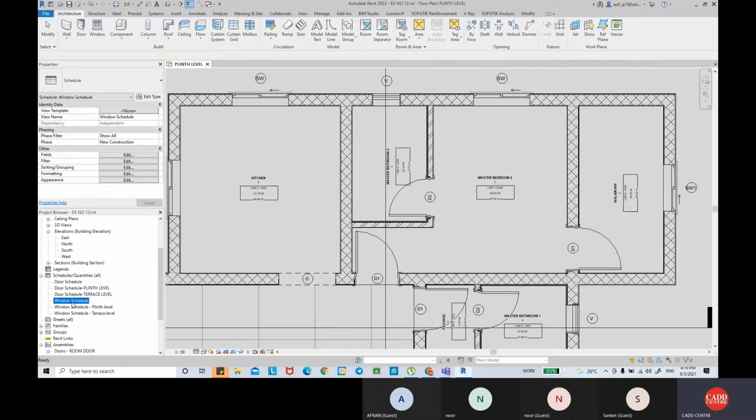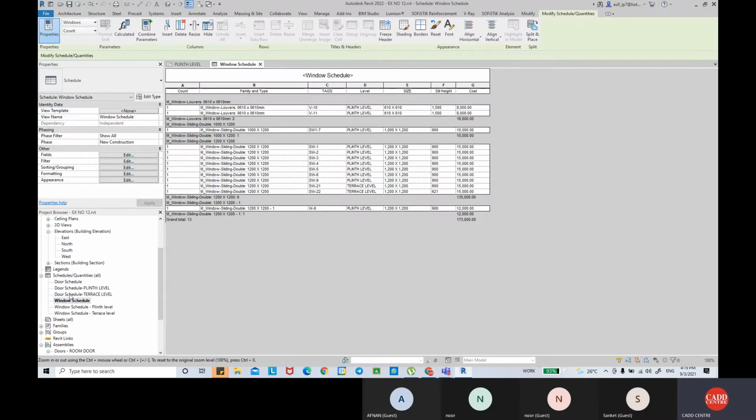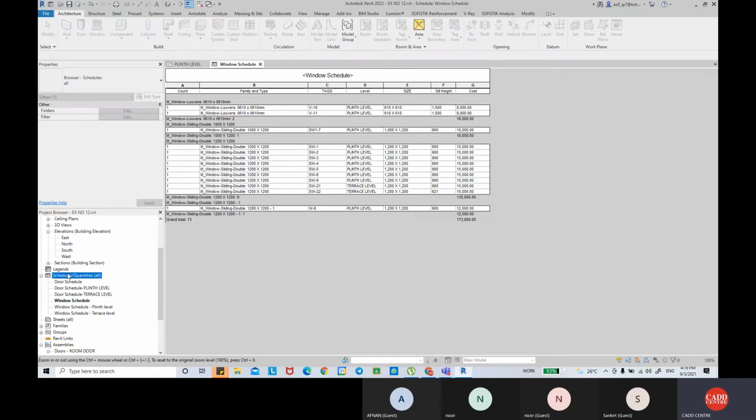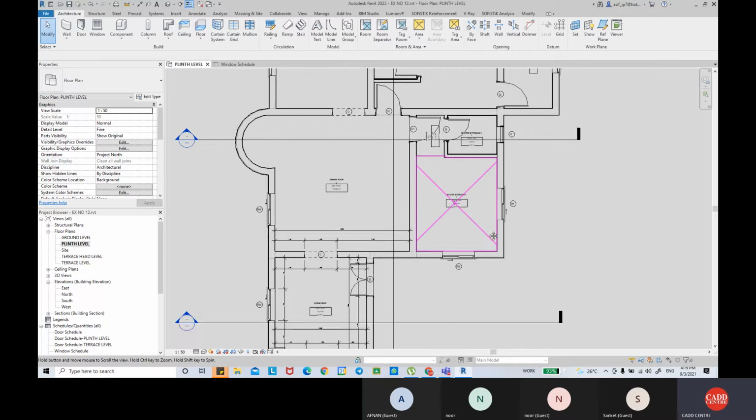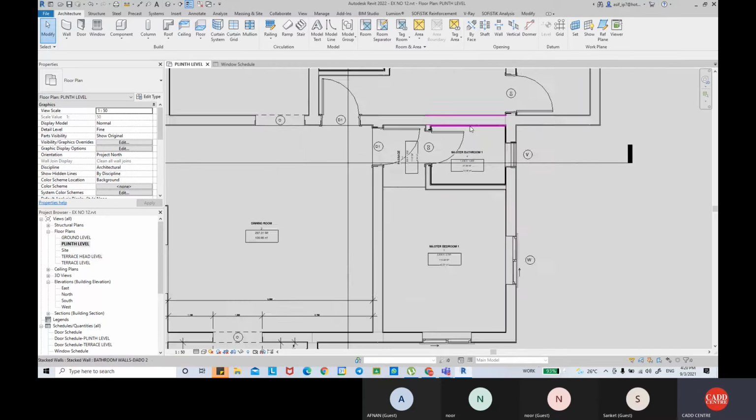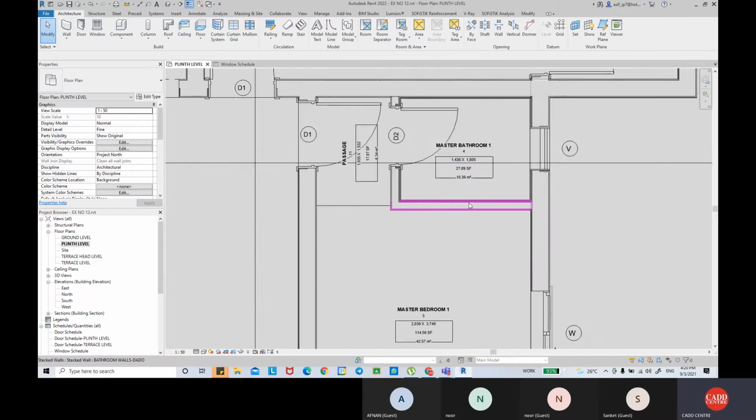That's the window schedule, sorry, I did not save that schedule. Okay, that's fine then. So we can retake off the scheduling just specifically for that brick wall only.